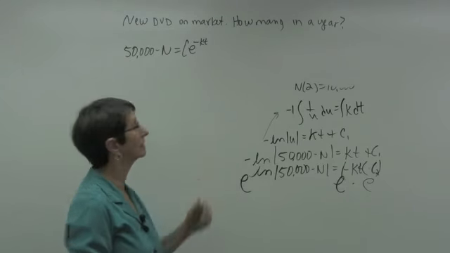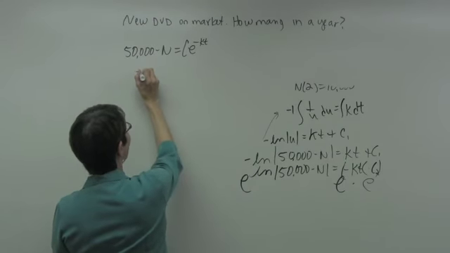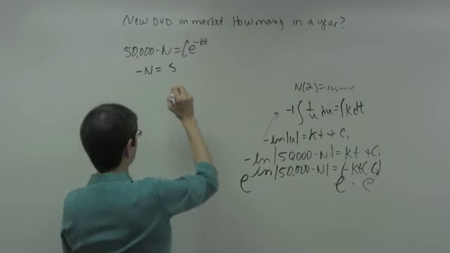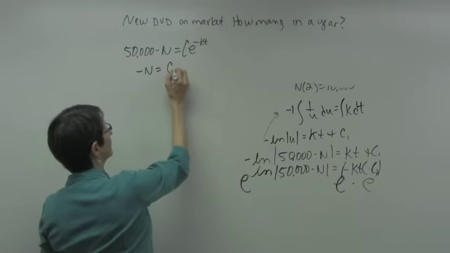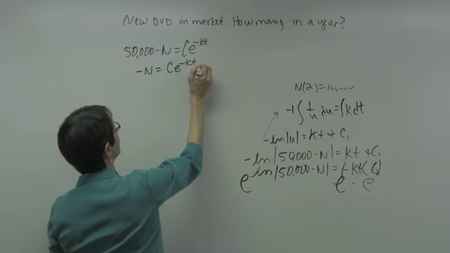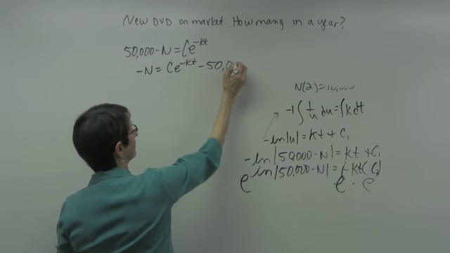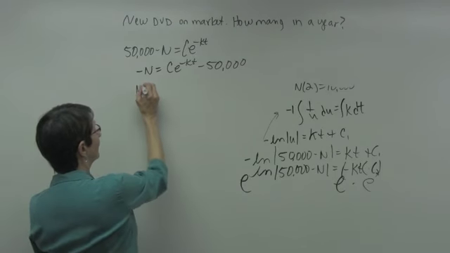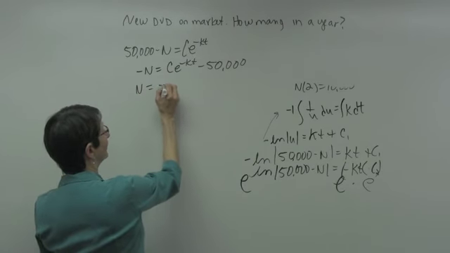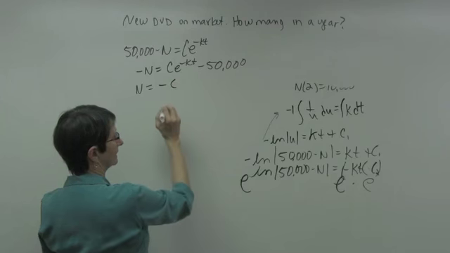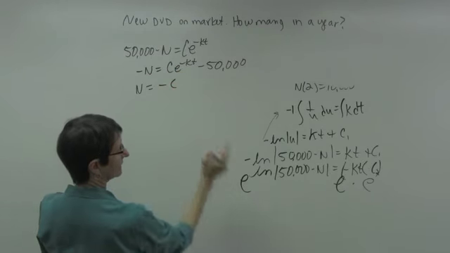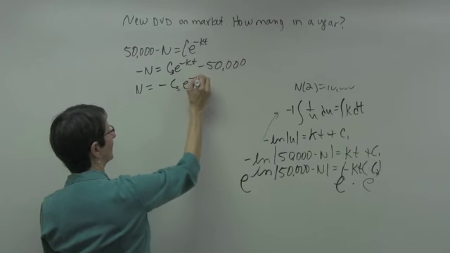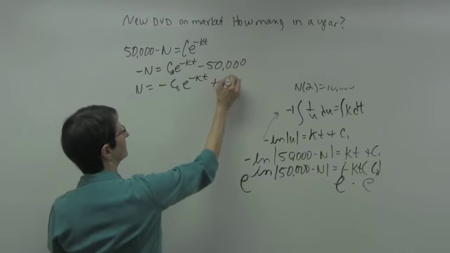And I can solve for N. So I've got negative N equal to c e to the negative kt minus 50,000, but I want N. So N is equal to negative c, let me go back and make that c3, e to the negative kt plus 50,000.